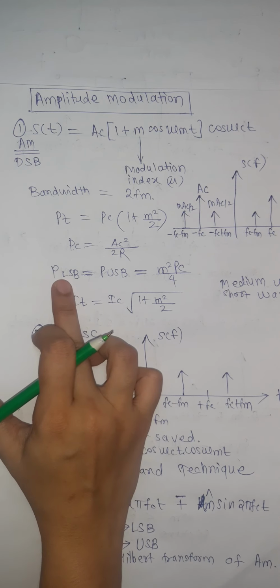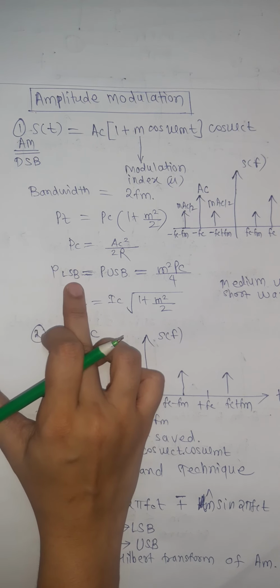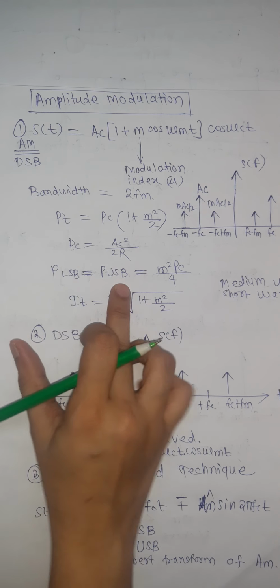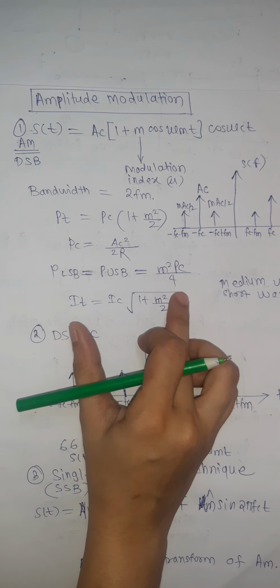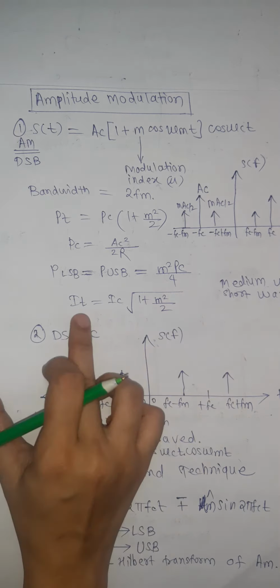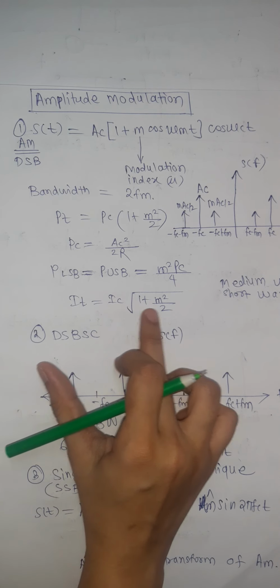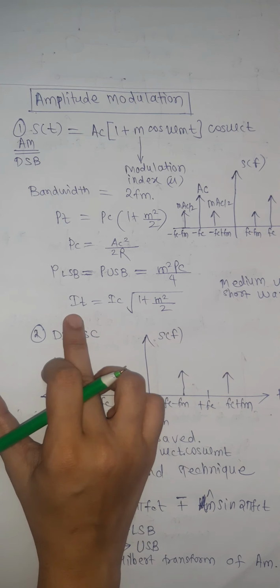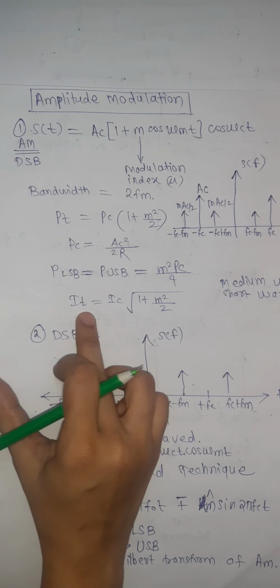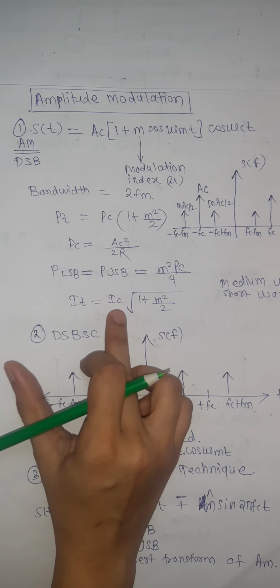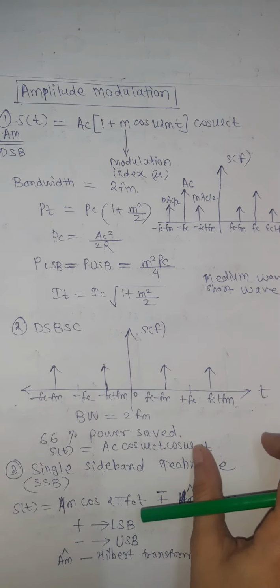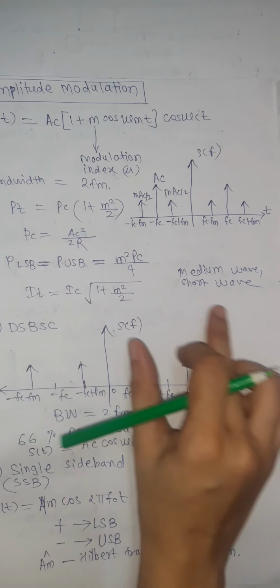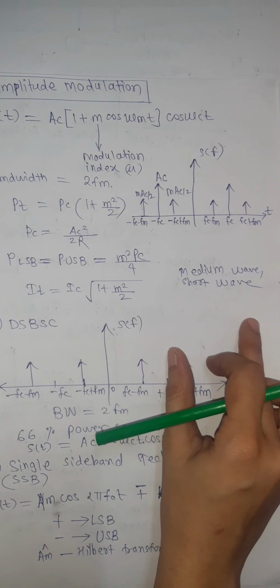Then the power present in the lower sideband and upper sideband is m square PC by 4. IT is equal to IC under root 1 plus m square by 2, where IT is total current and IC is current in carrier. This AM modulation has applications in medium wave and short wave propagation.